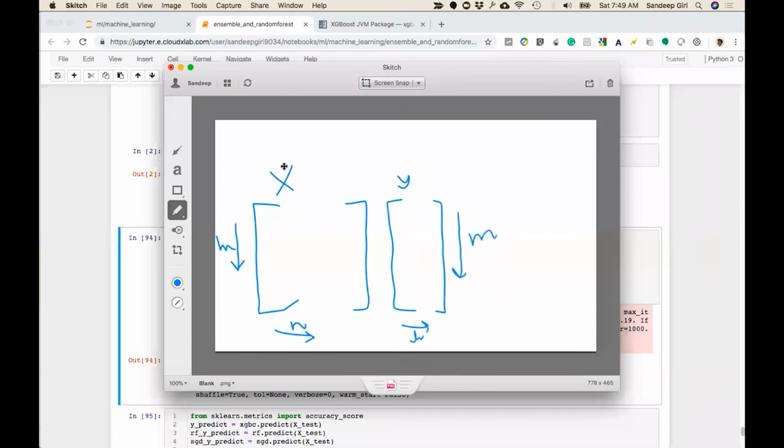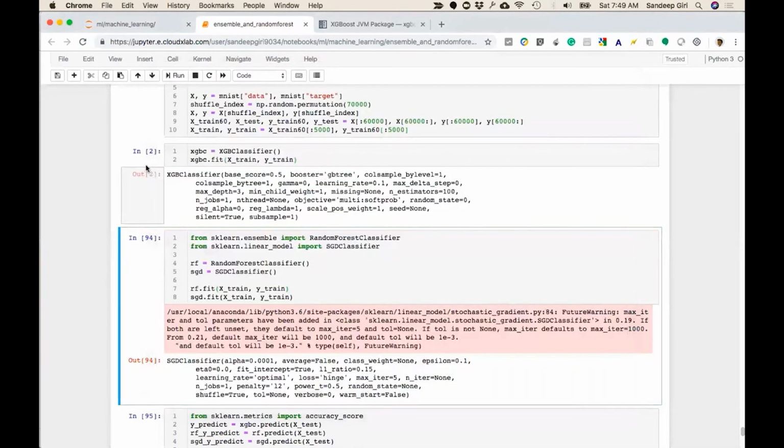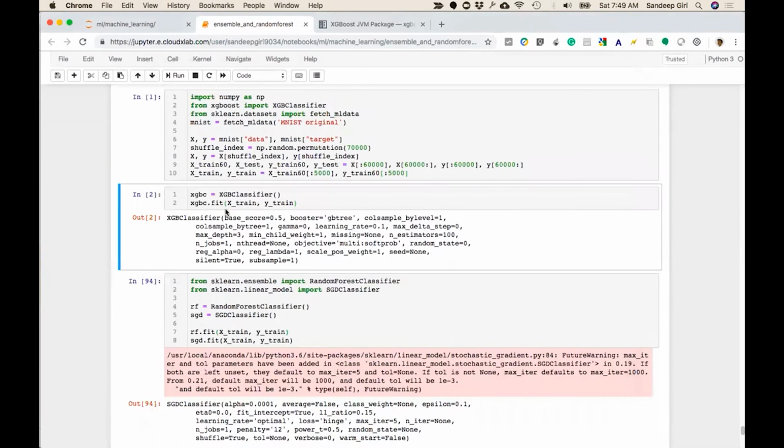It can again have many labels, but the number of rows has to be M. So generally when you check X.shape, it should tell you that the shape of X should be M by N, and the shape of Y should be M by 1. So when you are checking and it's throwing an error, just check that.